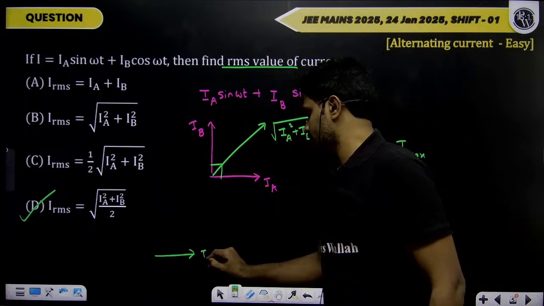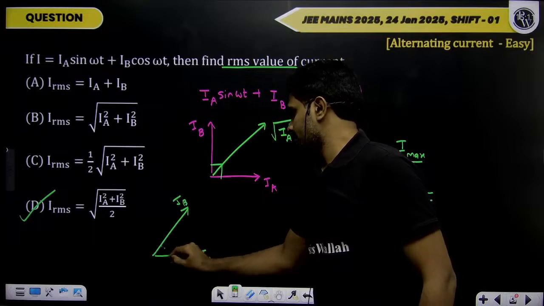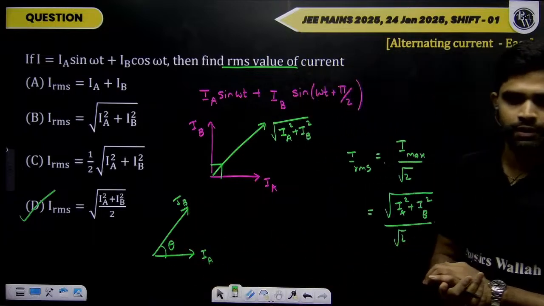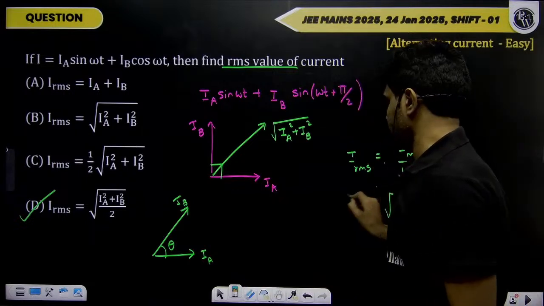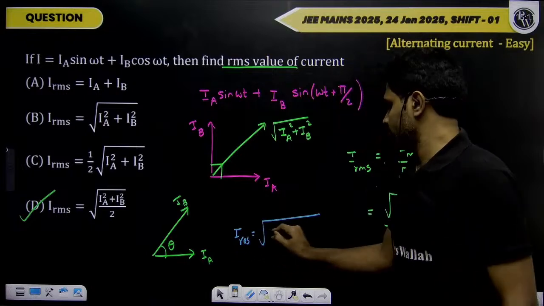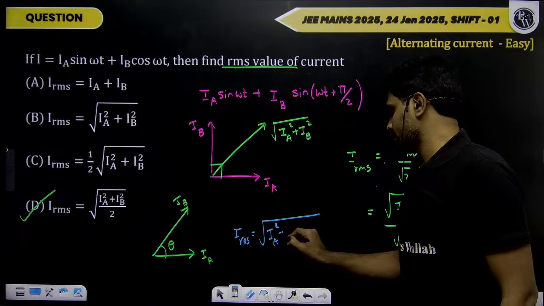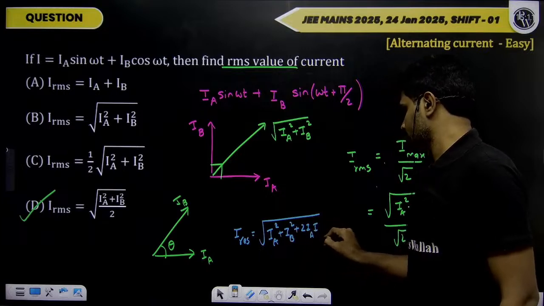So if you have IA, IB having some theta, instead of pi by 2, we have some theta, then the resultant would be square root of IA square plus IB square plus 2 IA IB cos theta.